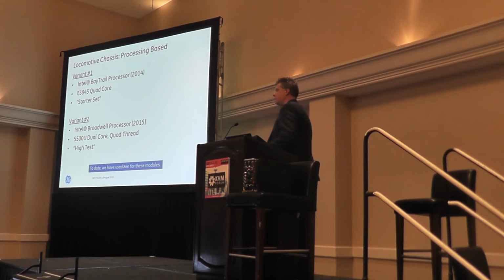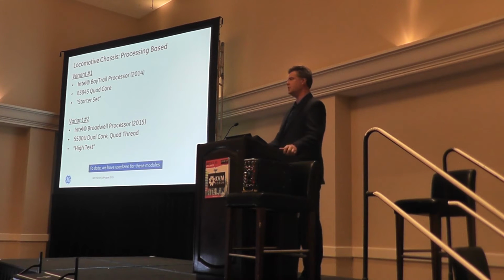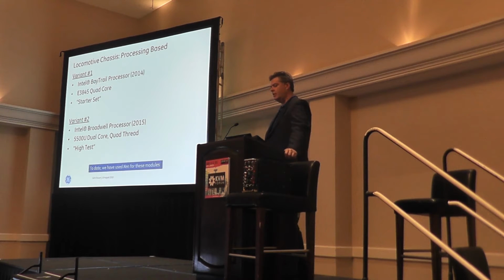To date, we've used Xen for these. Why, you ask? Well, because when we started with our Bay Trail processor in the third quarter of last year, KVM just didn't work right. And maybe lots of improvements have been made since then, I'm sure. But the amount of overhead that was going on with our little Bay Trail processor with 4 gigs of memory, it just wasn't keeping up.